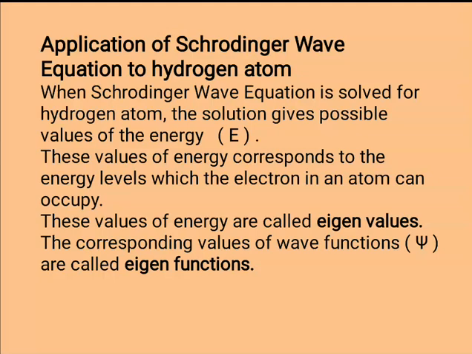Number 2, these values of energy are called eigenvalues, and the corresponding values of wave function psi are called eigenfunctions. That's all about Schrödinger wave equation.